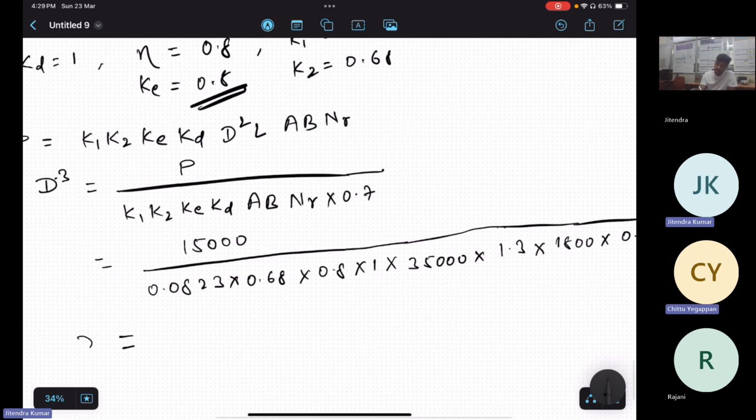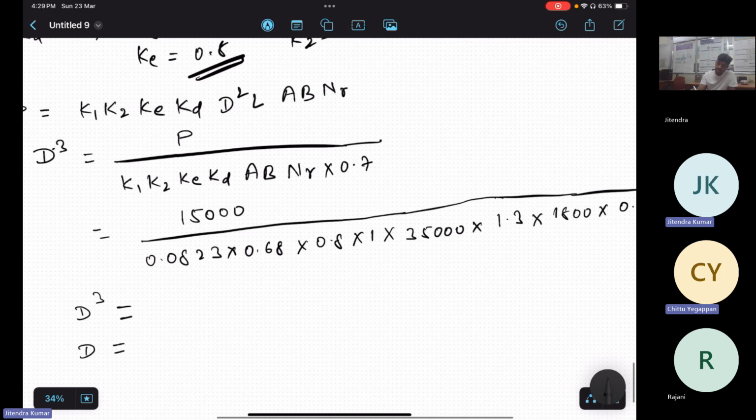So how much are you getting for D cube or D rather? D cube is 5.844 into 10 power minus 3, sir. And how much is the D? Sir, I'm getting 180 mm. 180 mm you are getting as the value of D. That does not seem correct, and even 5.84 into 10 to the power minus 3 does not seem to be correct, Chitu.